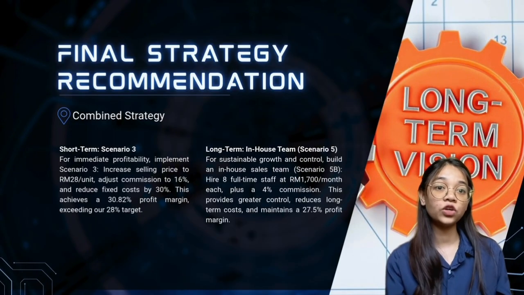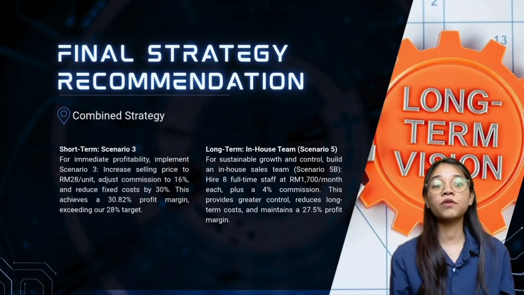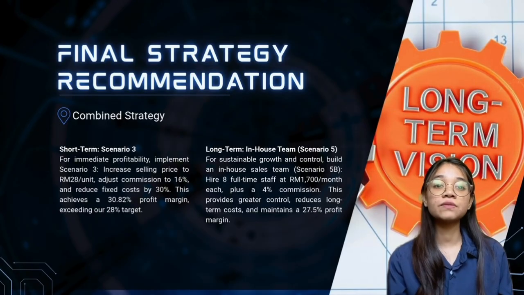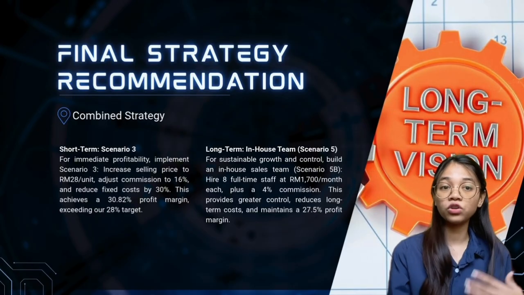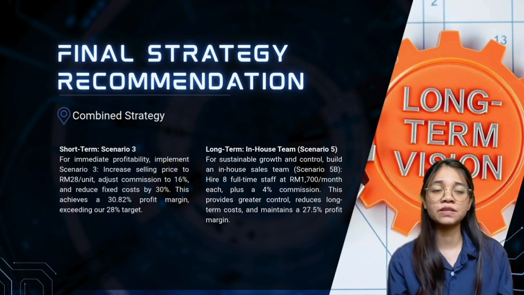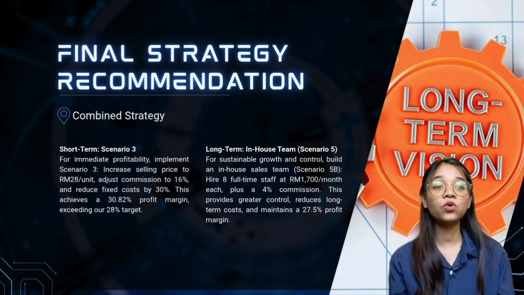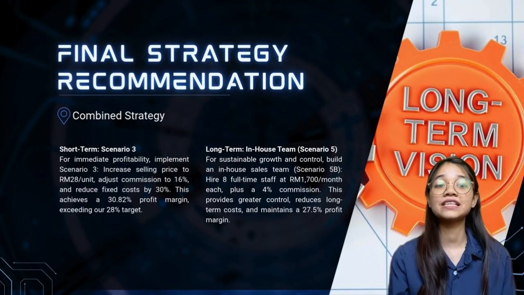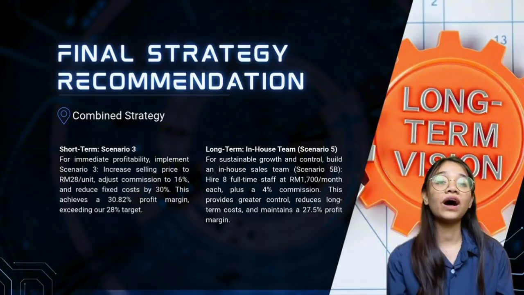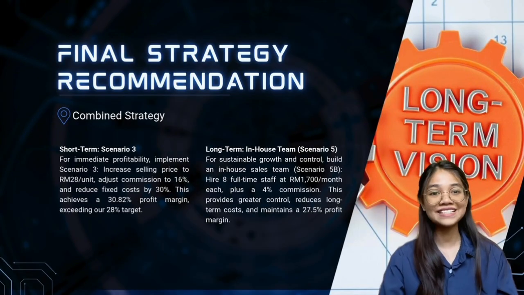In the long term, Innova Craft should switch to the in-house sales team model from scenario 5B. It offers more control, lower ongoing costs, and maintains a strong 27.5% profit margin. By combining these two strategies, Innova Craft can achieve and sustain its profit targets while building a more stable and cost-efficient business. That's all from me.